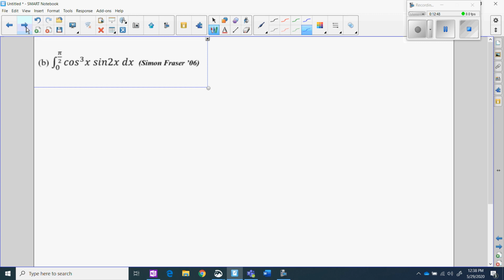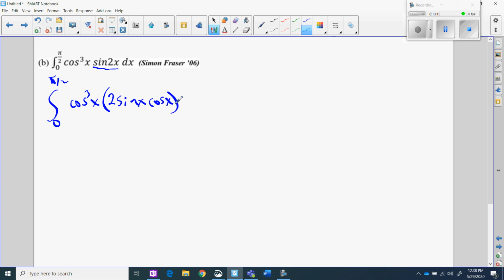On to B. Almost a dead giveaway is when you see one angle x and the other one is 2x, to use a double angle identity. There's a double angle identity for sine of 2x, the trig identity you learned in grade 11 or 12, that says sine of 2x is 2 sine x cos x, dx.